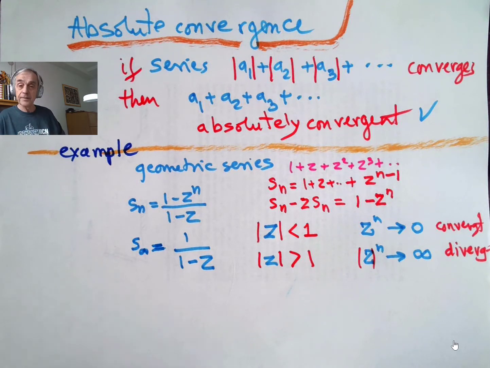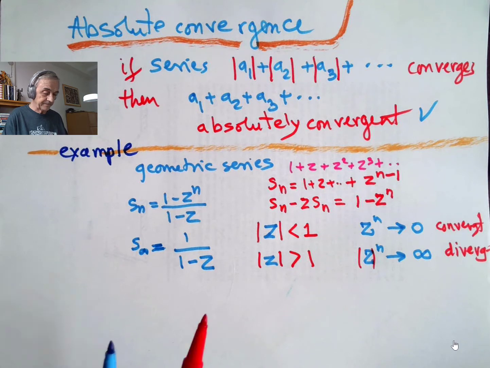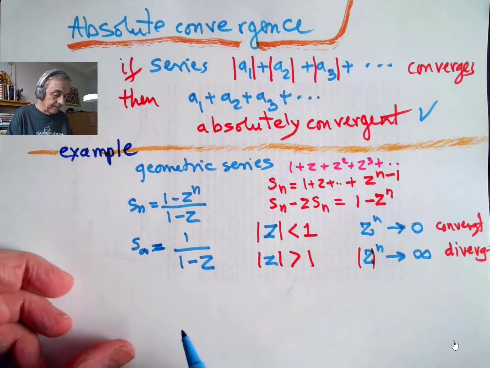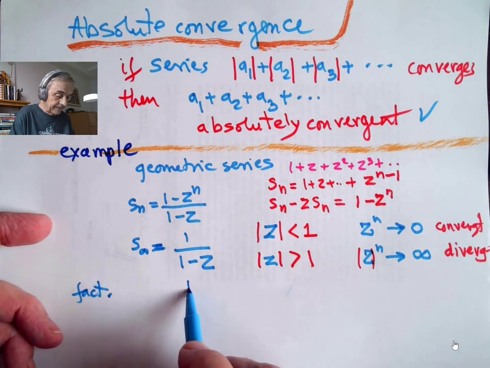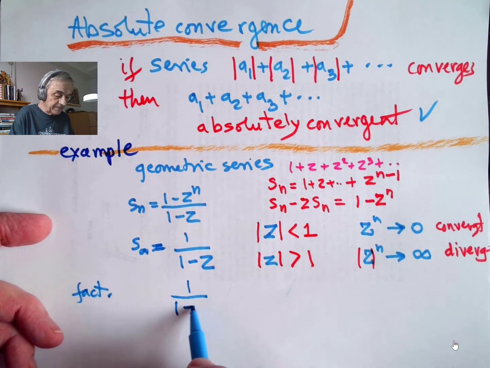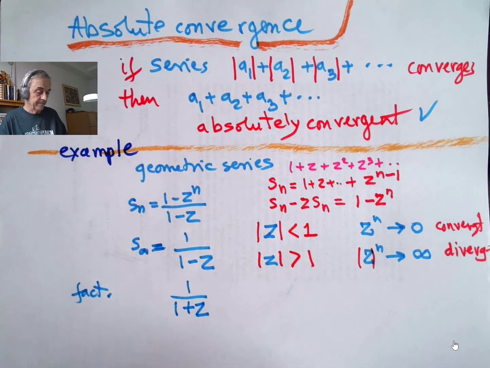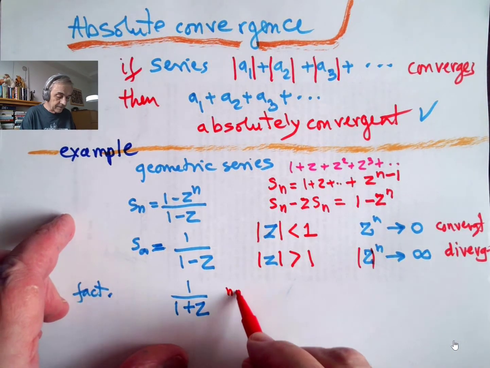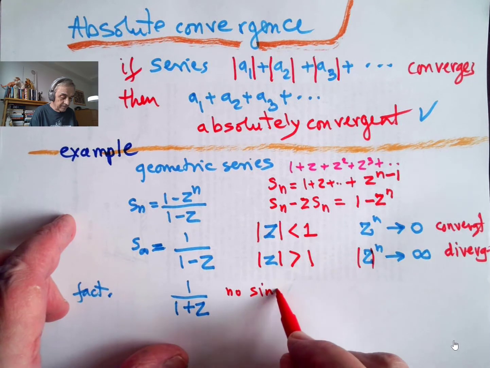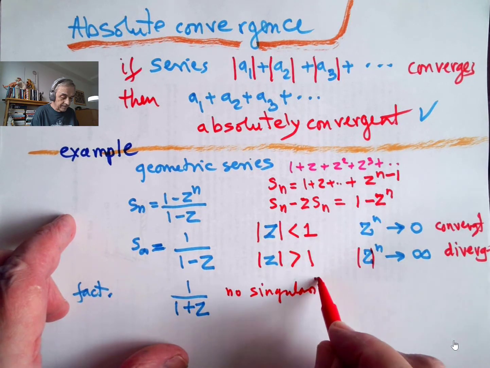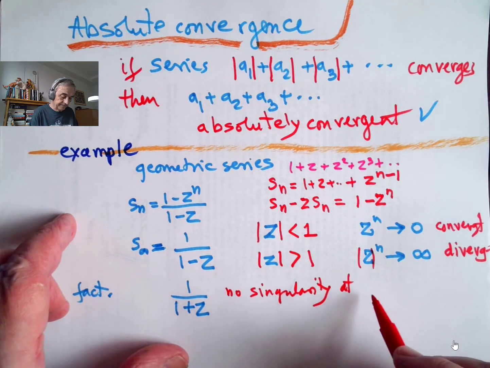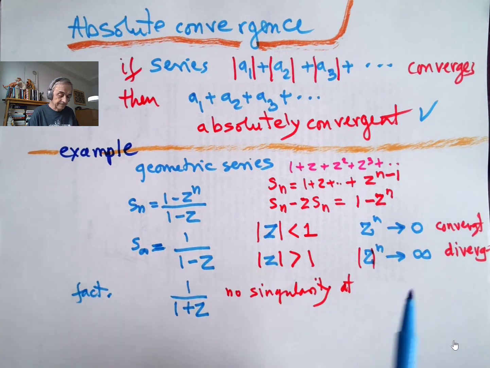Now here is a puzzling little fact. If you consider the function 1 over 1 plus z squared, there is no singularity at z equals 1.